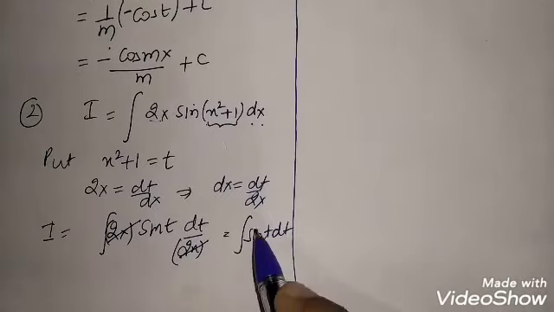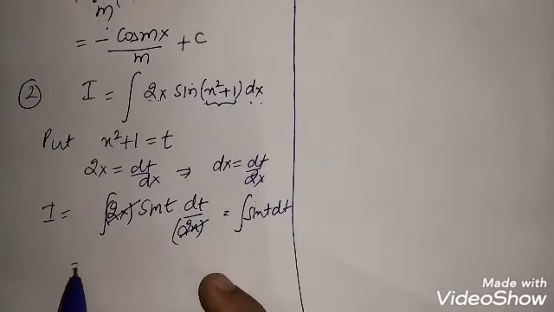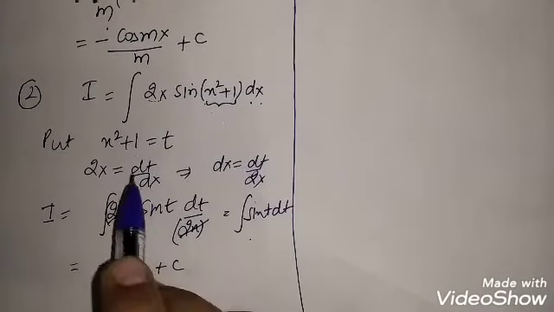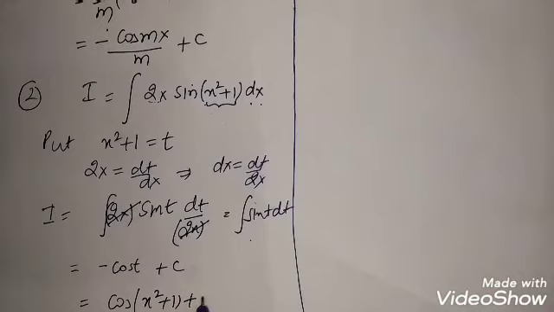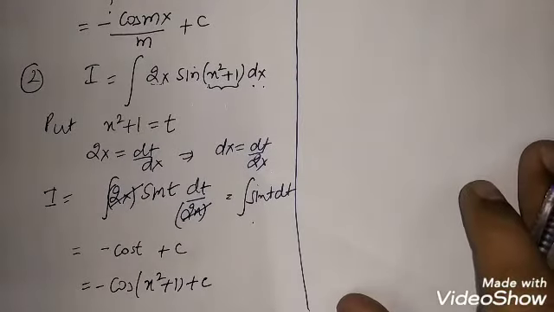You are going in the right path towards the answer. Sin t integration is obviously minus cos t plus c, and the value of t is x square plus 1. So the answer is minus cos of x square plus 1 plus c, with the negative outside. This is the required answer.